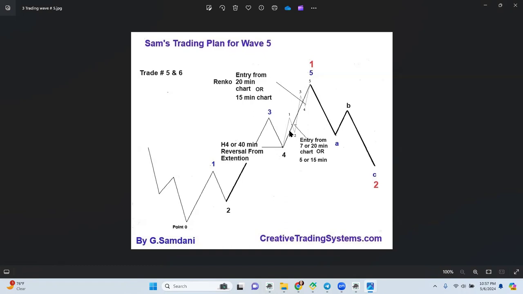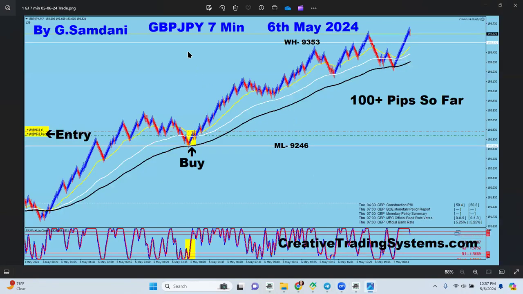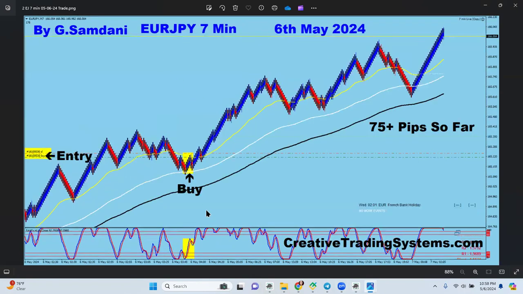Or you take the first one, cash out, and then take the second one later on from the 20-minute chart. So I got this entry on pound yen and euro yen, like this one, pound yen, the 7-minute entry, boom, for 100 pip, right? And then this one here, euro yen, right from here, 7-minute entry. I missed this one, but then I got this one, and all the way to 75 pip.